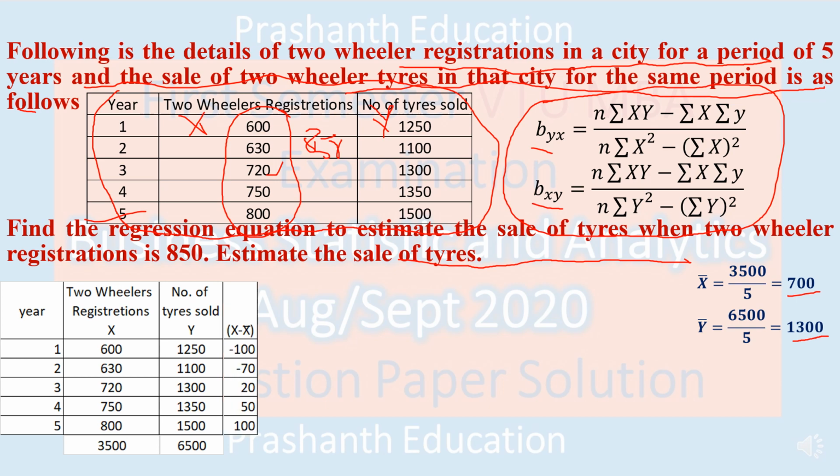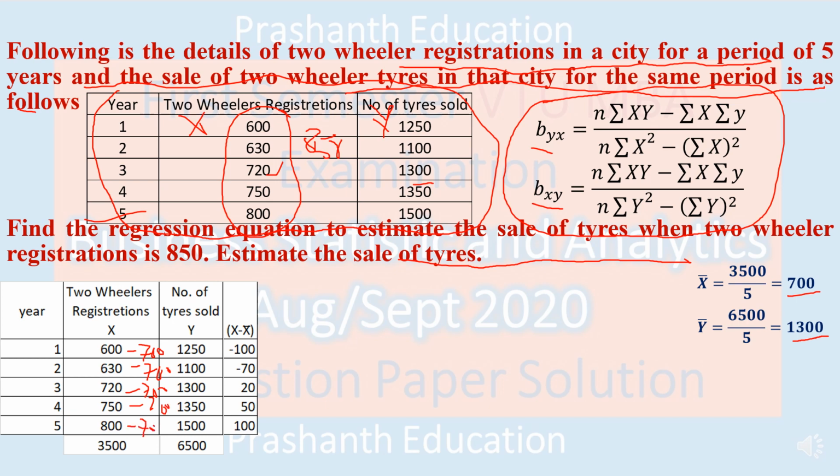If I take 600 minus 700, it gives minus 100. Next, 650 minus 700 is minus 50, 720 minus 700 is 20, 750 minus 700 is 50, and 800 minus 700 is 100.